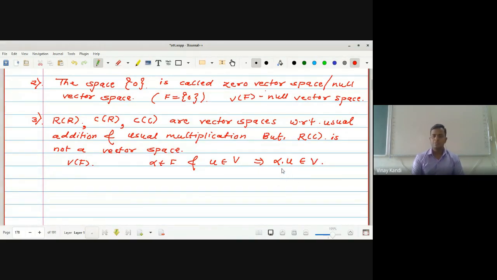If you multiply this scalar by a vector u, then the product of these two elements belongs to V.